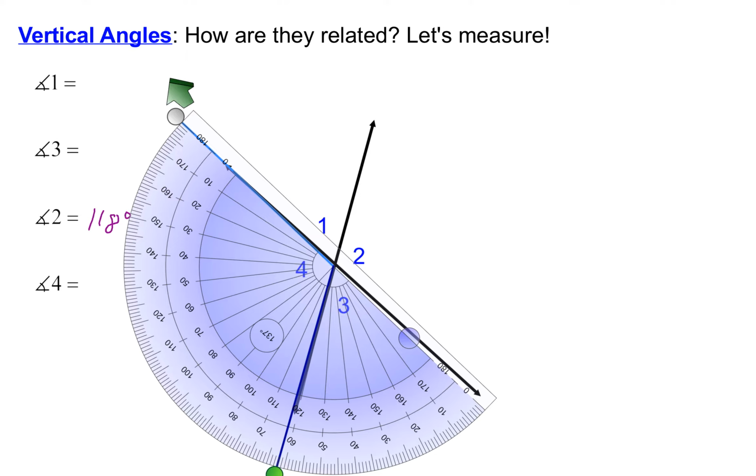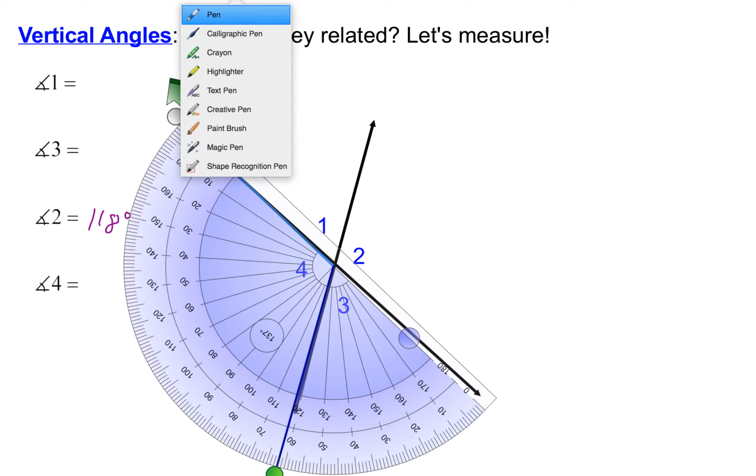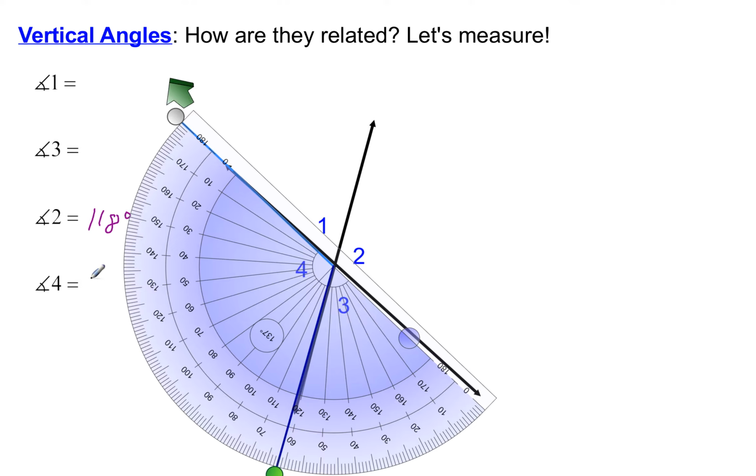So the measure of angle 4 is also 118 degrees. That's very interesting. So it looks as if vertical angles 2 and 4 are congruent to each other.